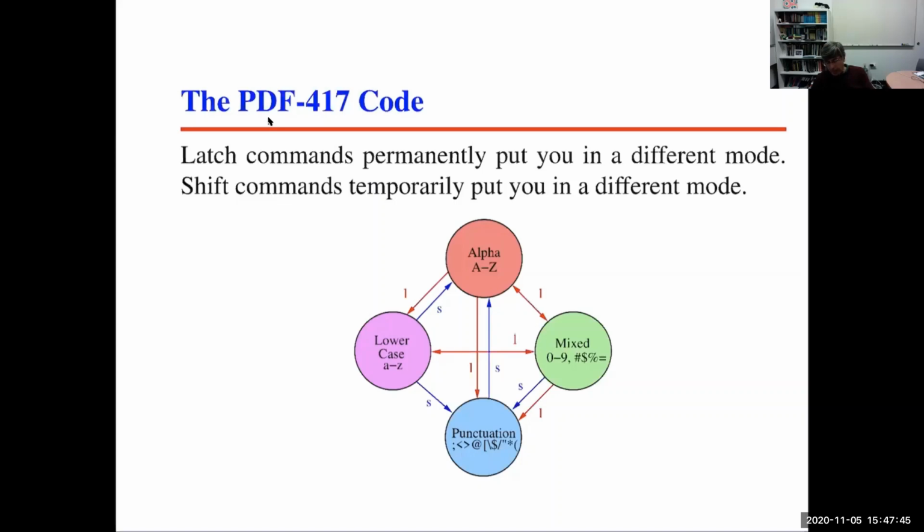Here they had the capital letters, A, B, C, D, through Z. Here they had the lowercase letters, a, b, c, through z. Here they had the punctuation symbols. Here they had the digits and the punctuation symbols, okay? And they may have had a couple of important punctuation symbols here and a couple of important symbols there.